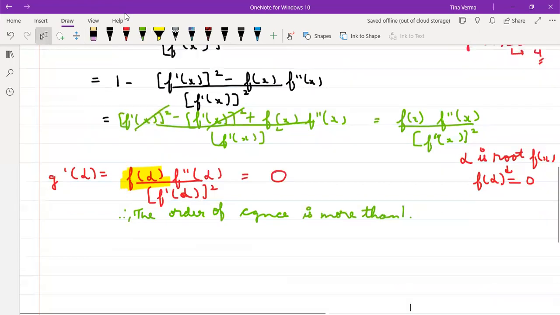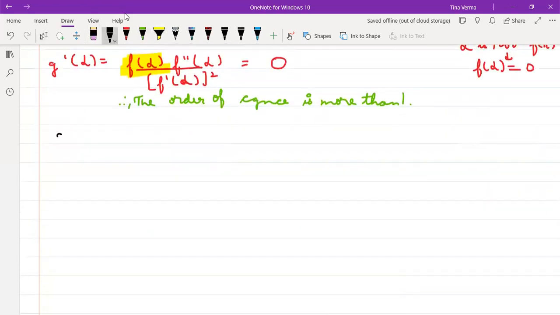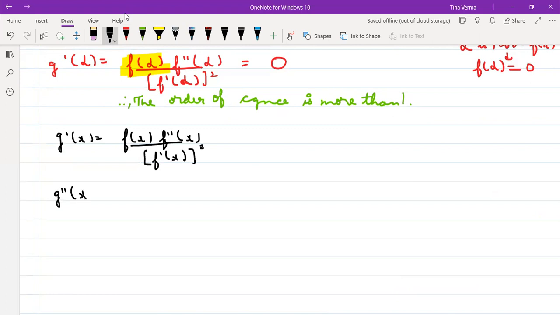So if you take its double derivative, now my g dash x is coming out to be f of x, f double dash x divided by f dash x whole square, right? Since I have to find the double derivative g double dash x, I can consider this as my first function, this as my second function.